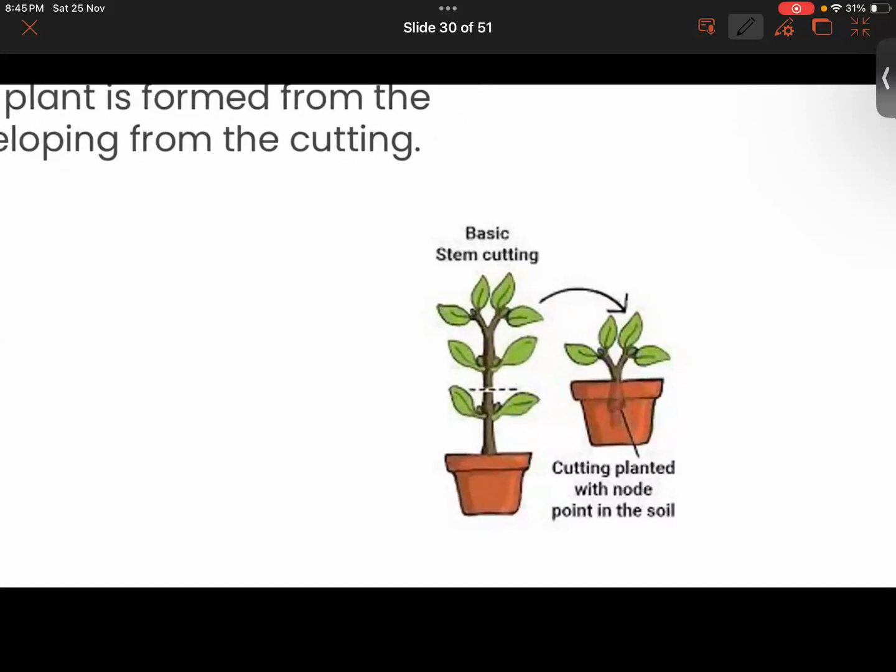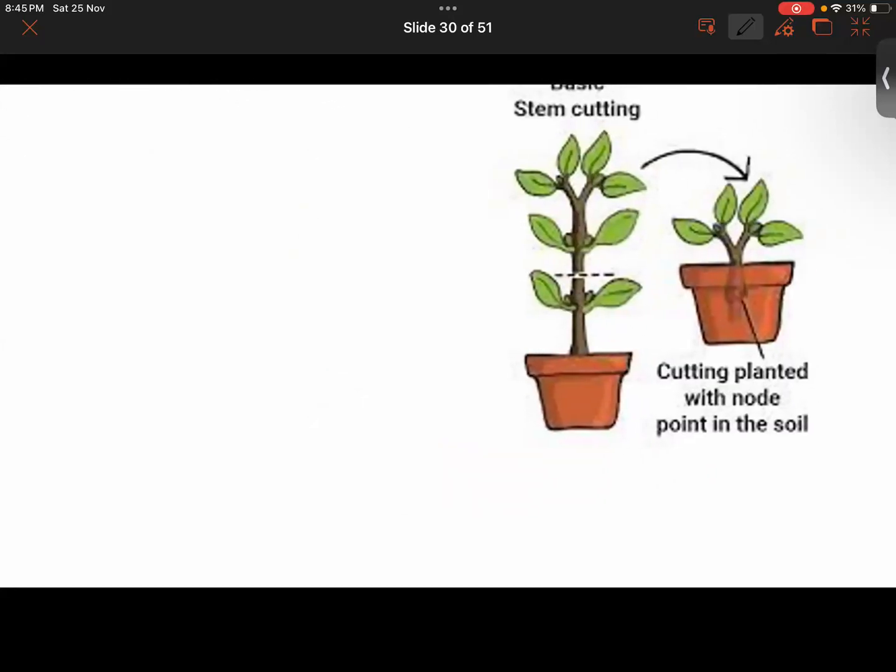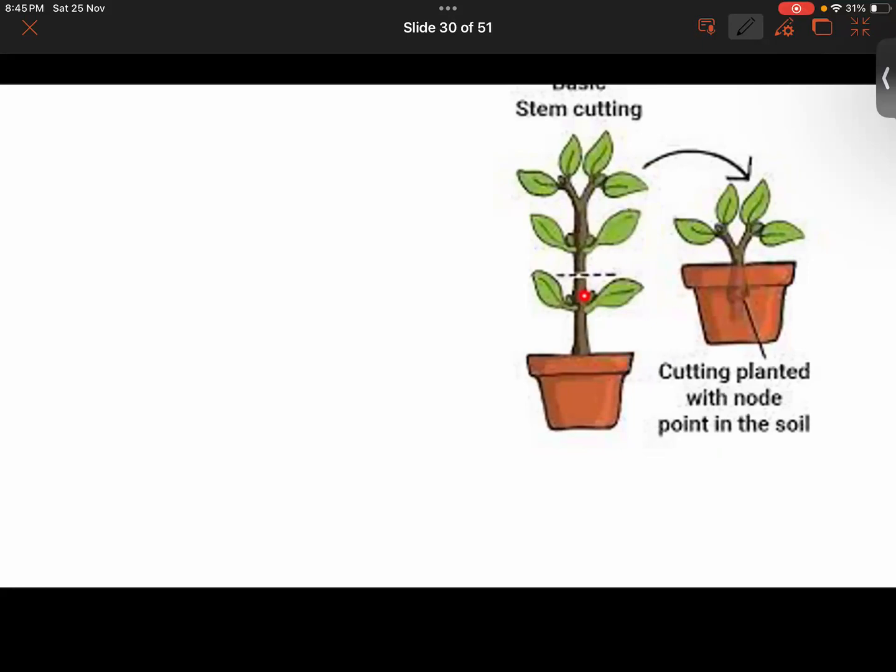See this diagram, you can see there are nodes growing on the leaves, right? This structure that you see, these are the nodes. So we need to ensure that at least one or two nodes are still attached to the stem. Then you will simply cut the stem from any part, and then you will plant it under the soil.